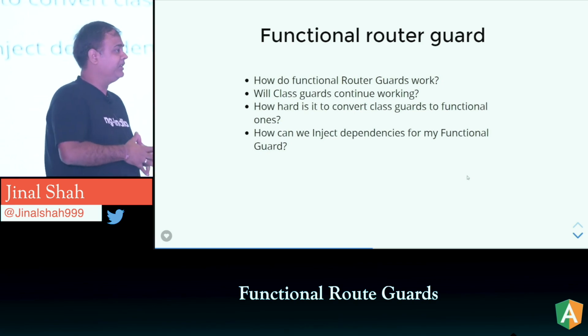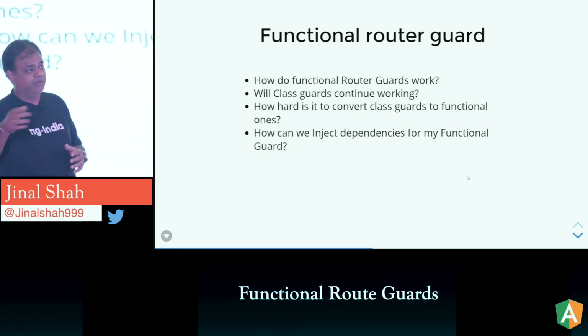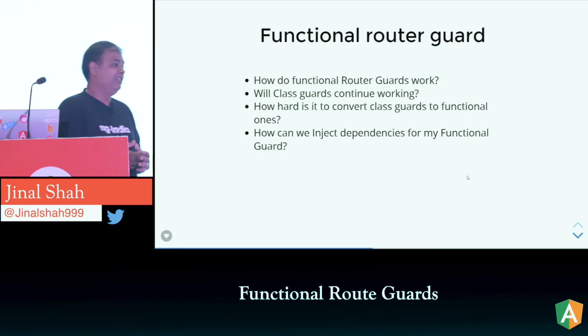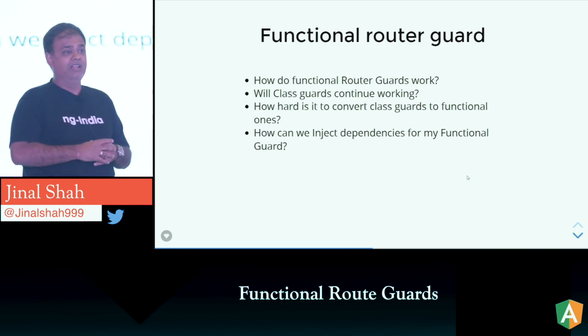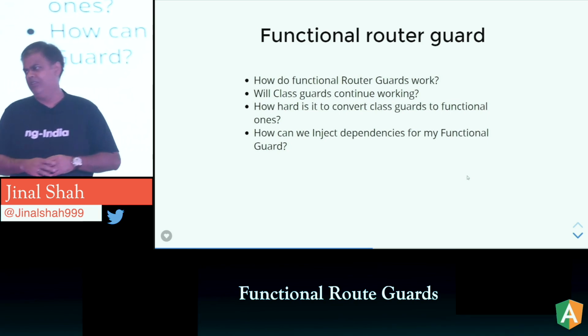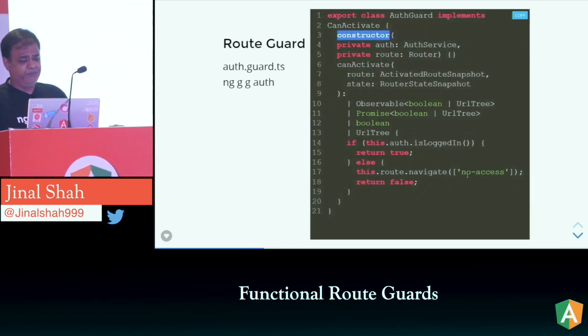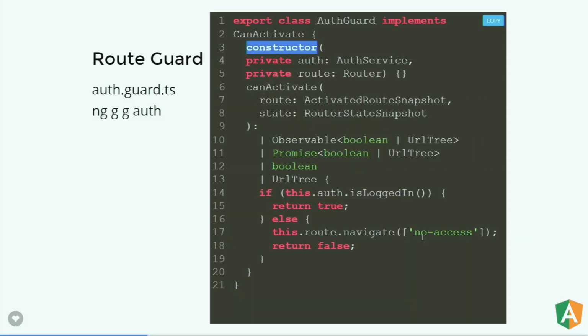It is deprecated with the current version 15, and with the latest update, it might be removed. How easy or how hard is it to convert our auth guard to the functional guard? These are some of the questions you might be having, but believe me, if you see this route guard, there is nothing wrong with this approach.